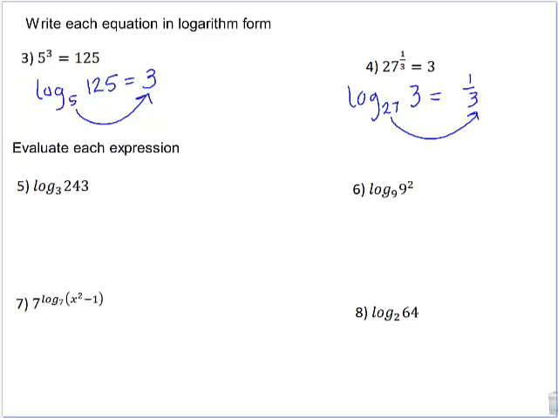What's our base number here? 3. So we want to think, 3 to the what power would give you 243? To the 5th? Yep, 3 to the 5th. So this is equal to 5.